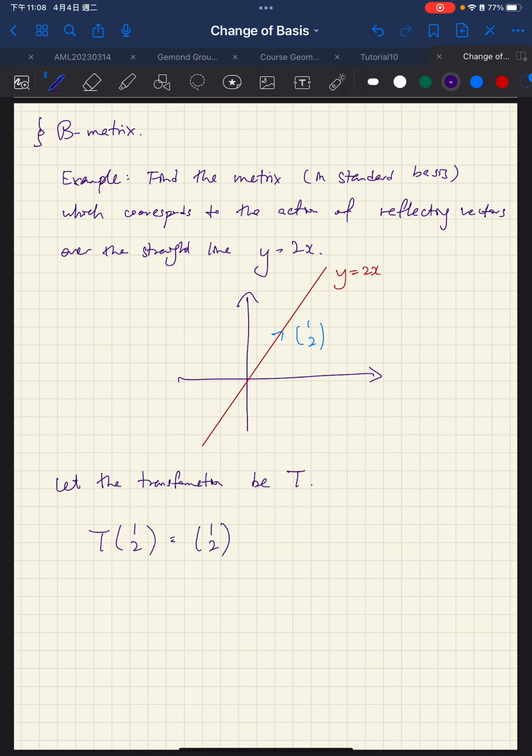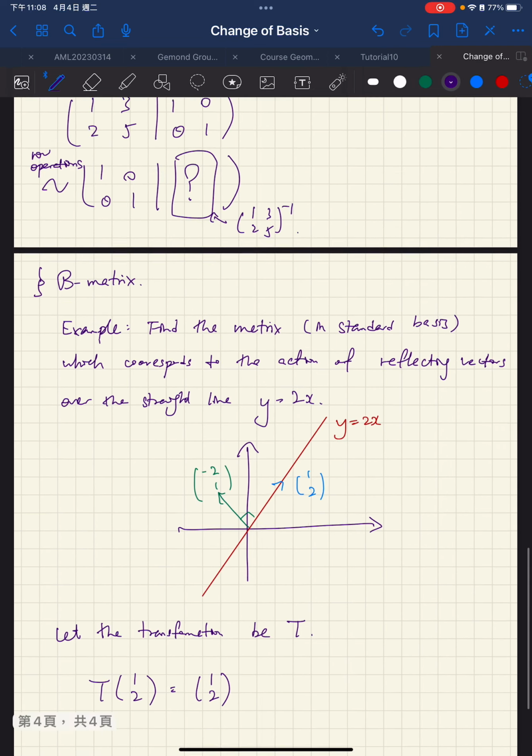And let's try to see another vector. If we have a perpendicular vector, what would it mean? So perpendicular vector, how to find it? You invert this 2, and then you add an appropriate minus sign. Here the x coordinate is negative, so you add a negative on here. Okay.